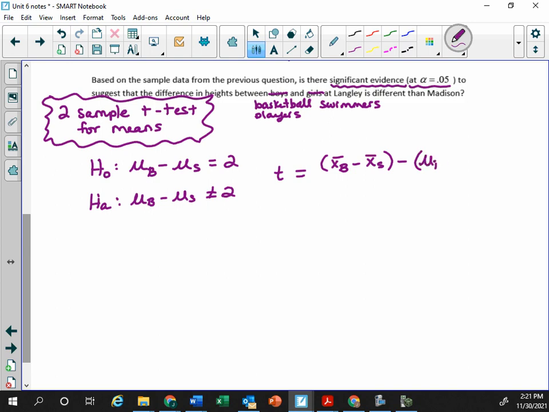So mu sub b minus mu sub s over the square root of, we don't have sigma, we have s instead, so s sub b squared over n sub b plus, always plus, s sub s squared over n sub s.